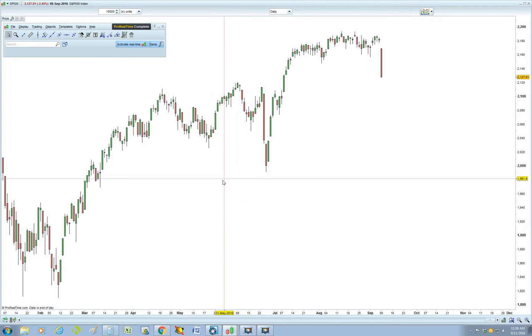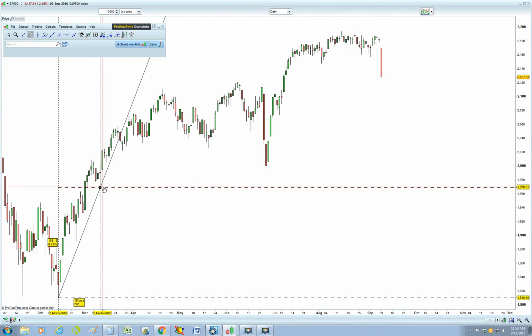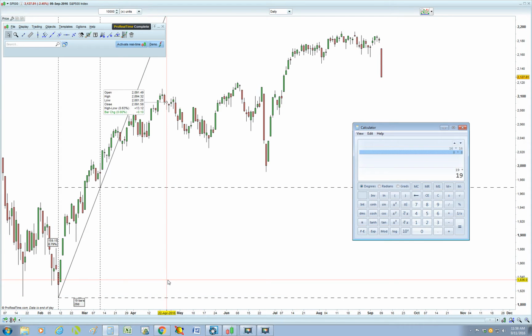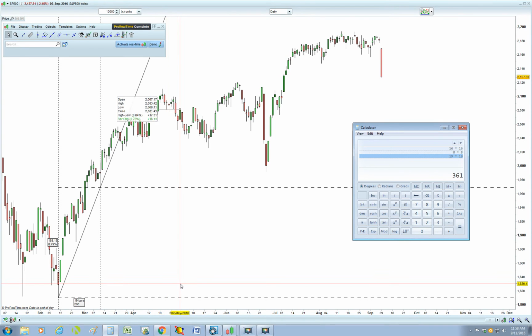Let's delete that. We can also measure from this low to this low as an example, 19 bars. Of course, 19 squared is 361. Very popular on the square of 9. Anyway, 361 turns into 36, and just a bit of change here.